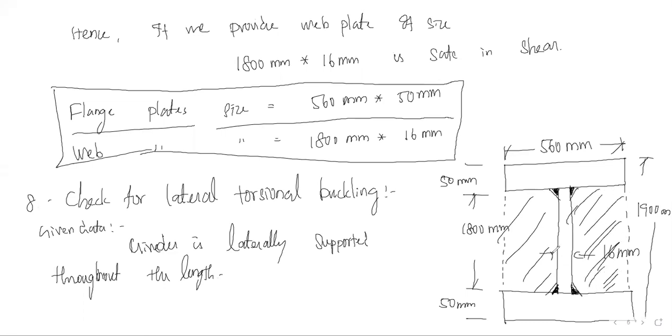In order to calculate the B F value, the width of the shaded portion is nothing but 560 minus 16 divided by 2, and the height is 1800 mm. So that we deduct and automatically get the moment of inertia value.